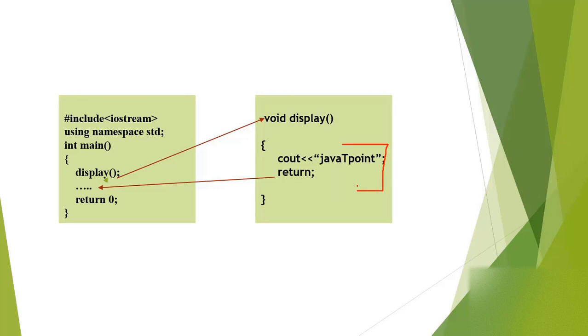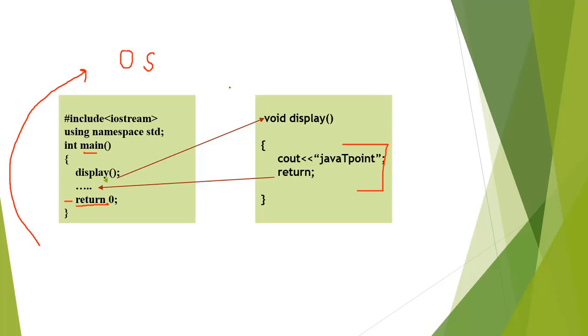After the execution of these statements, the control moves back to the statement from where the function was called. Then after the execution of all the statements of the main function, the control comes to the return statement. This return statement will terminate the program and return the control to the OS, that is the operating system.